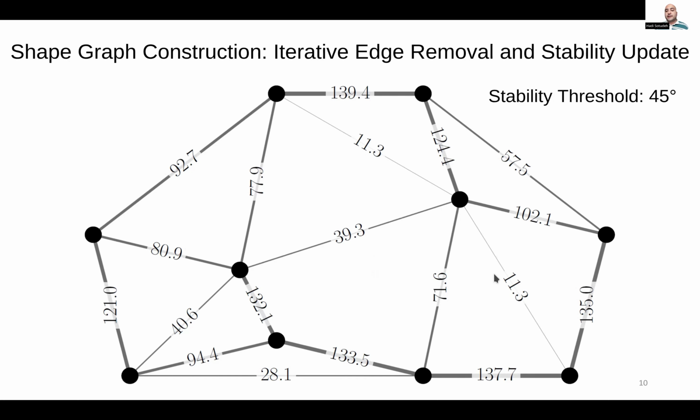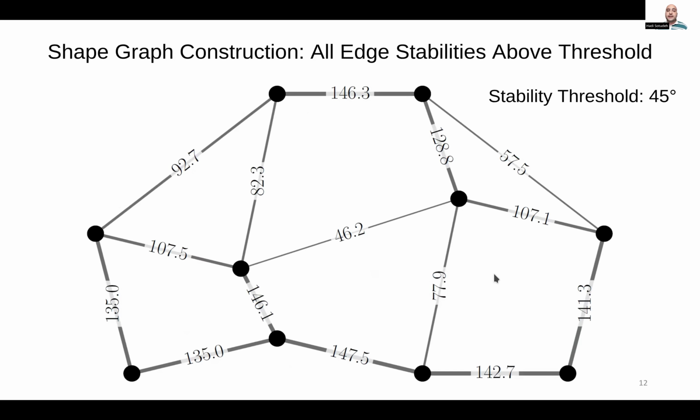We have two edges with that value, remove them, and keep doing the updating until there is no edge remaining with stability below this threshold. So this is a subgraph of the initial Delaunay triangulation, which we call the shape graph, and it's more stable, and we are going to use it to later on infer positions and formations of the team.